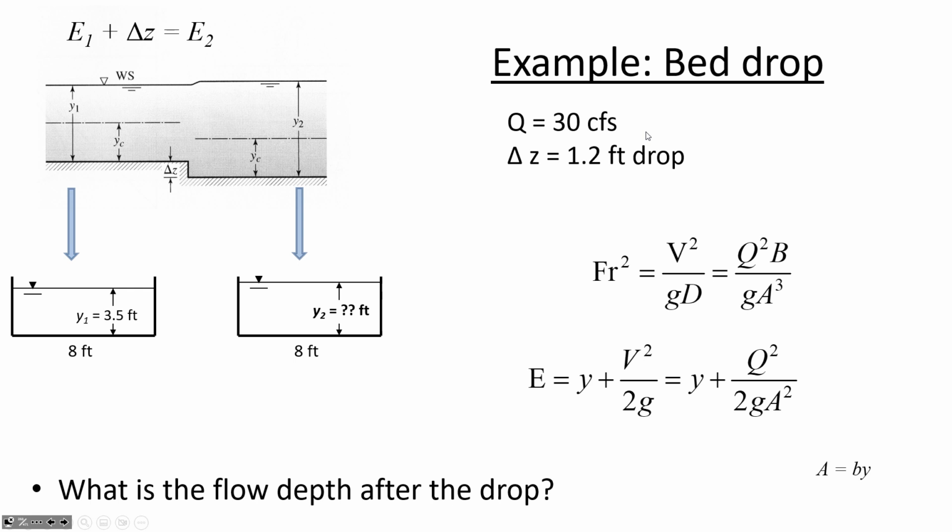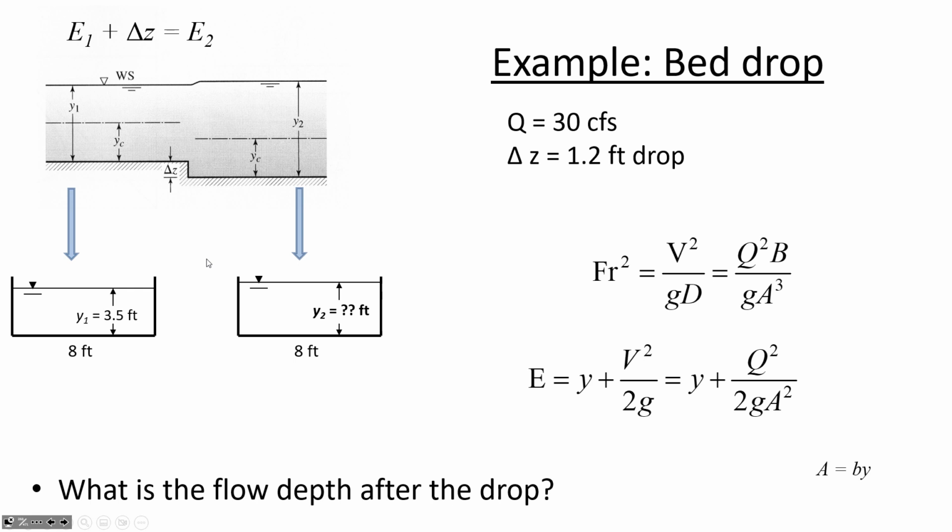The area for this one is 8 feet by 3.5 feet, so that is 28 feet squared. We cube that, and then all of this is to the 1/2 power. So the Froude number is 0.101.